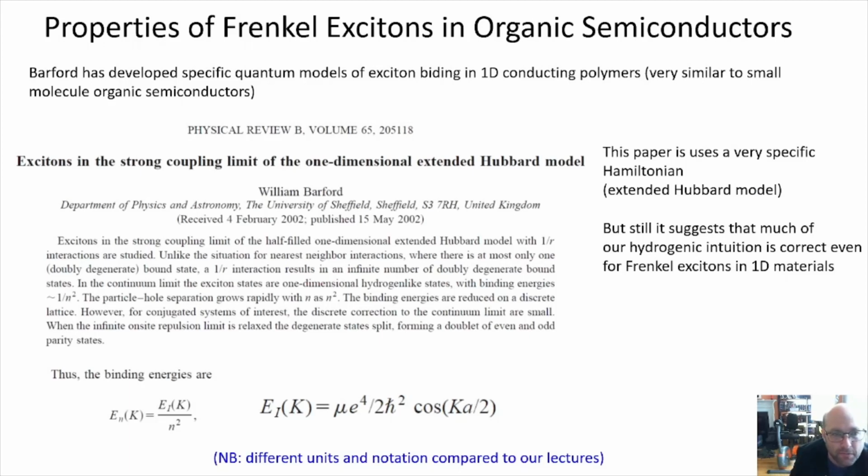And you can go a little bit further and actually develop a full hydrogenic model for a related system of 1D conjugated polymers. Barford has done pretty extensive calculations over the years using the Hubbard model, or the extended Hubbard model, to understand exciton binding in conjugated polymers.